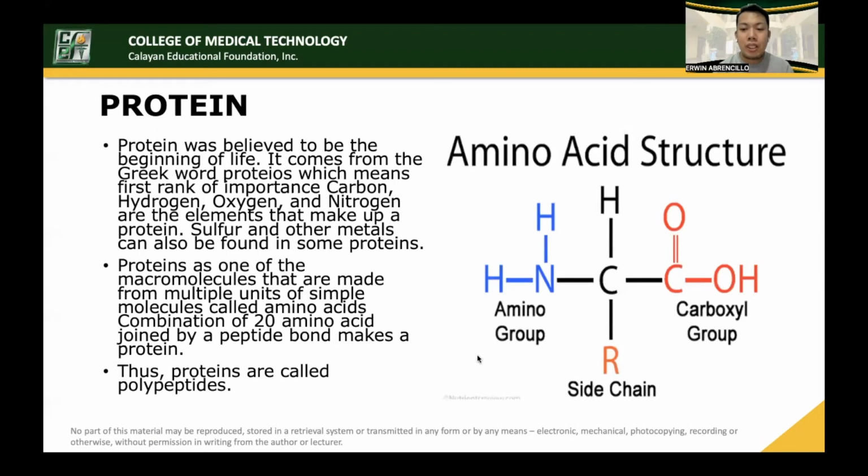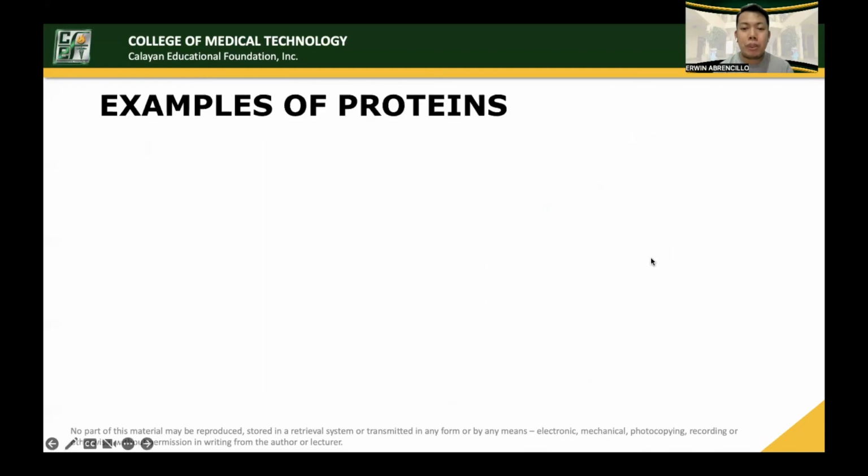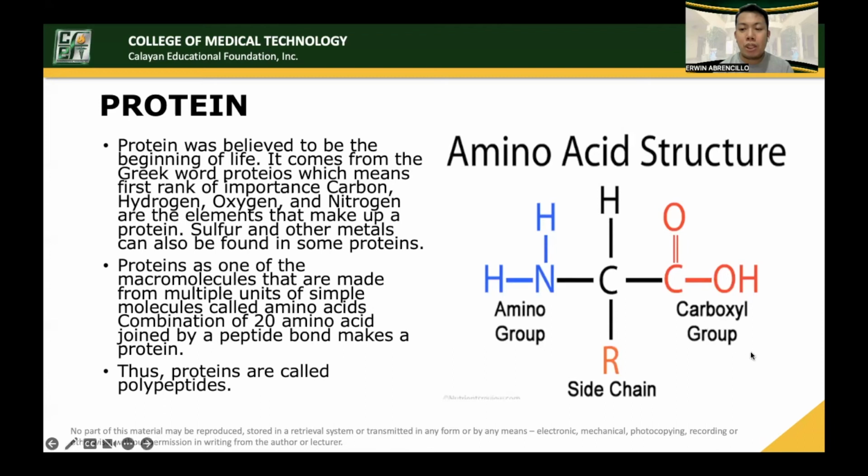If you'll notice here, there are two functional groups. We have here the carboxyl group, COOH, or the carboxylic acid side, and this is the amino group, or the NH2. And of course, you have the side chain. The side chain could be an alkane or anything that is considered a side chain.